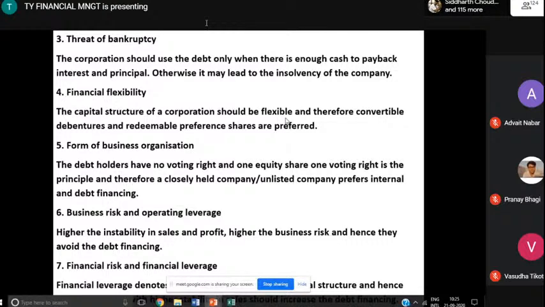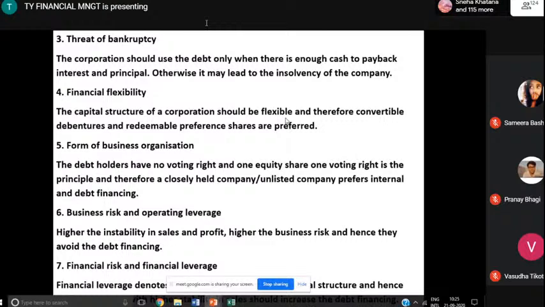What does RE stand for? Retained earnings. Very good. And what? Debt financing. Why debt financing? They have no voting right.